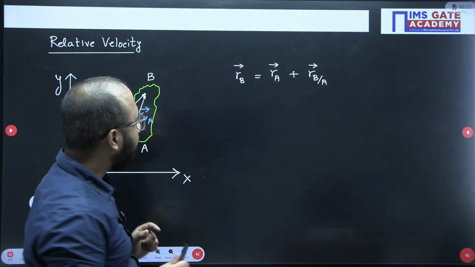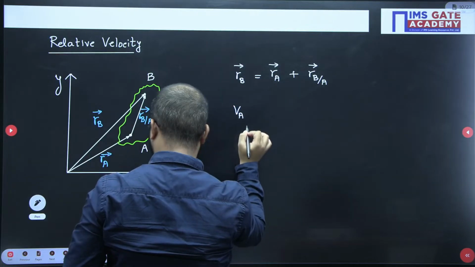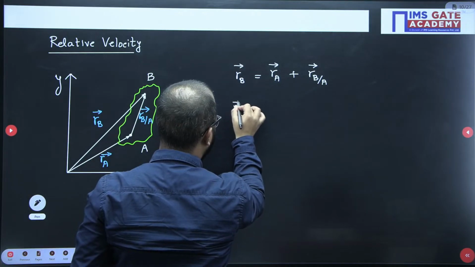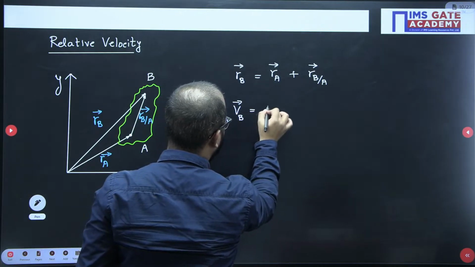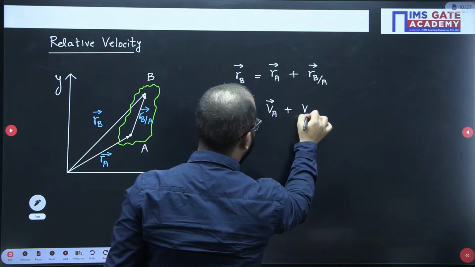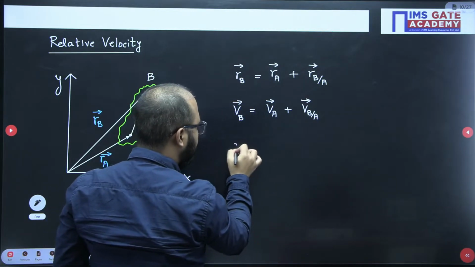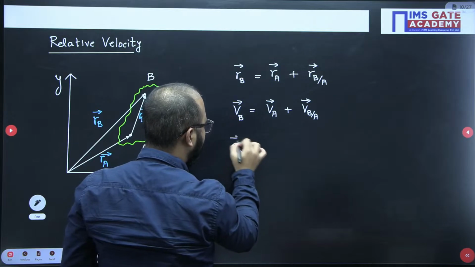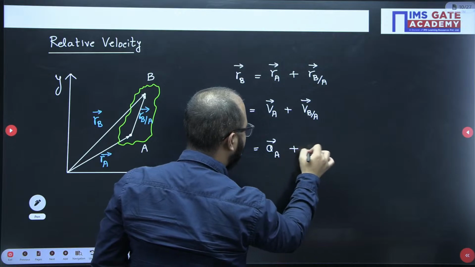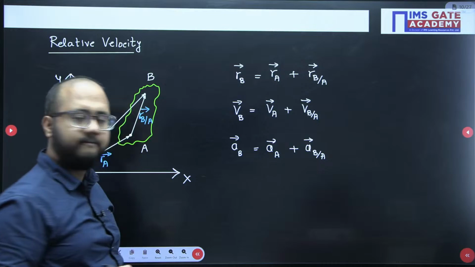Now, if it is a position vector, velocity can also be written as velocity of point B equals velocity of point A plus velocity of point B with respect to A. And in a similar way, acceleration of B equals acceleration of A plus acceleration of B with respect to A, like this.